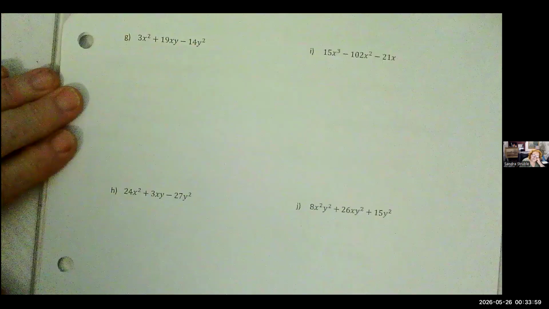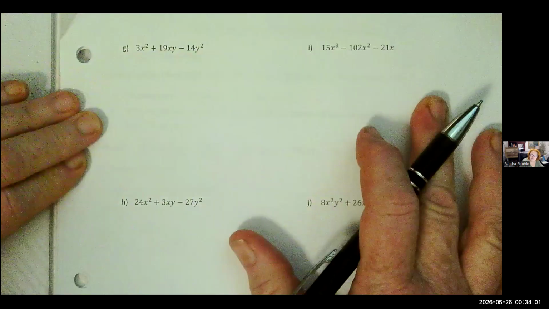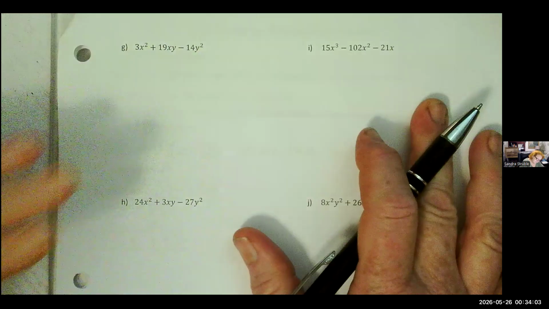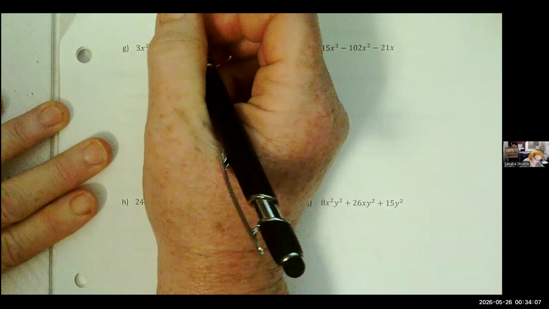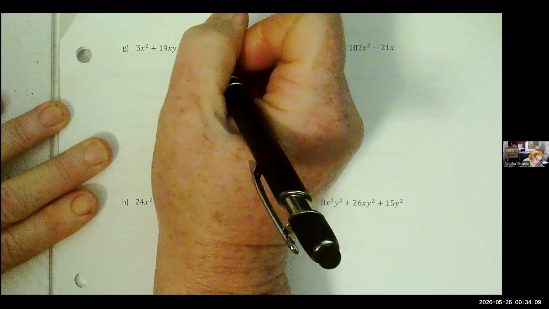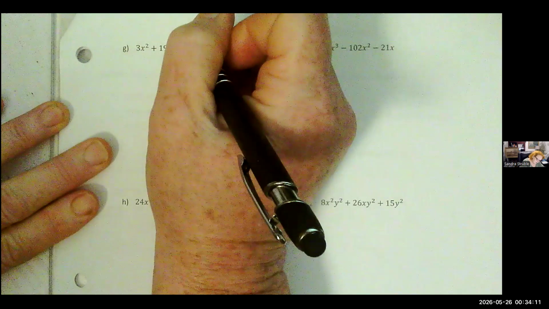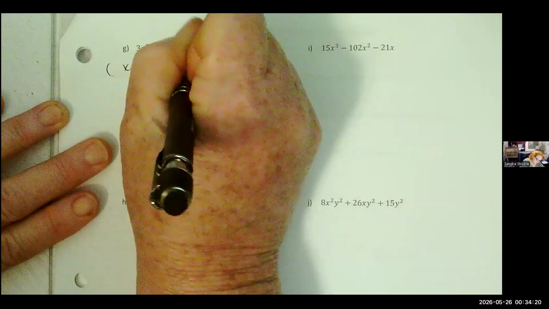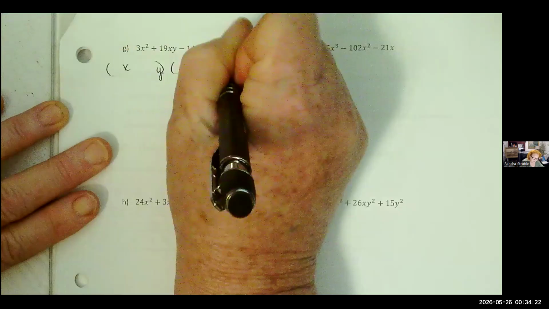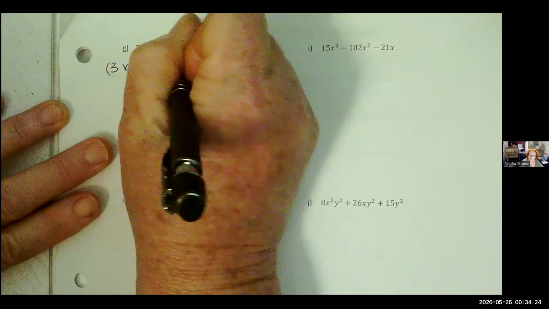Last page. All right. 3x squared plus 19xy minus 14y squared. Does it matter which one we do? No, let's do trial and error. I know it's going to be an x, an x, a y, and a y, and it's got to be a 3 and a 1 because 3 and 1 are the only factors of 3.